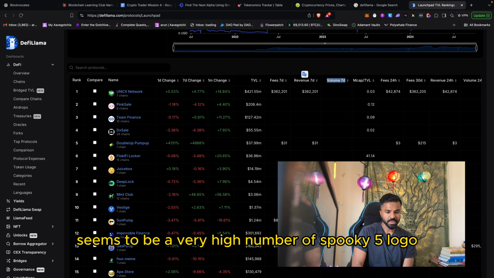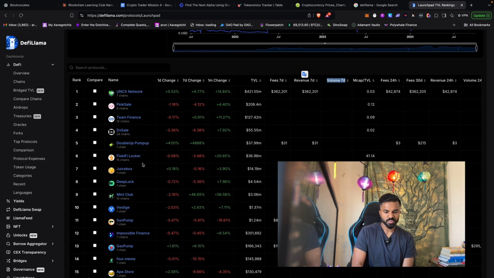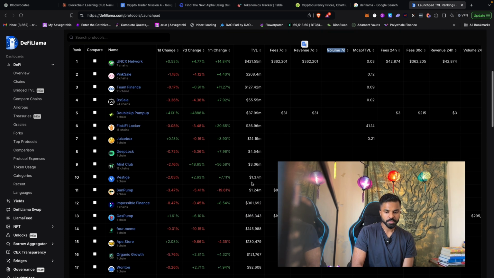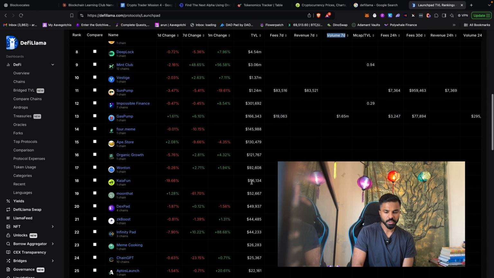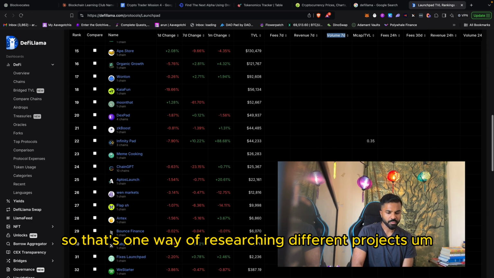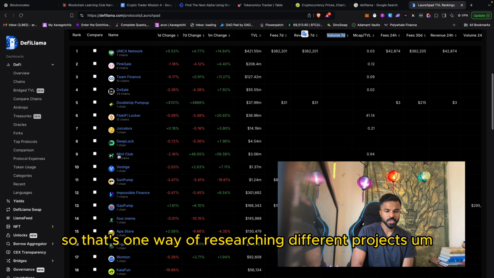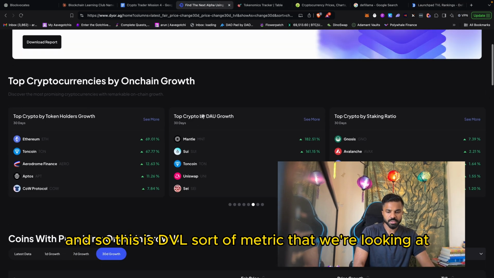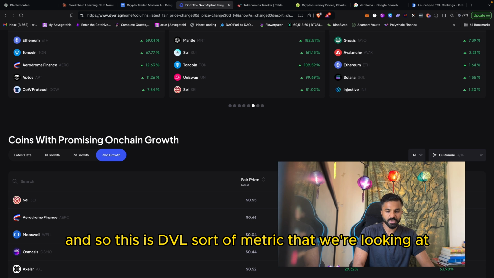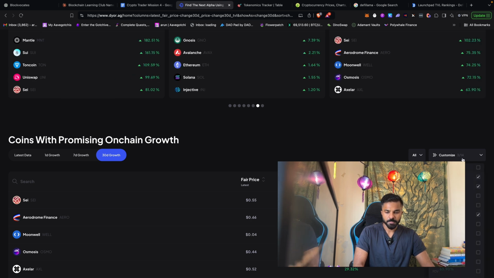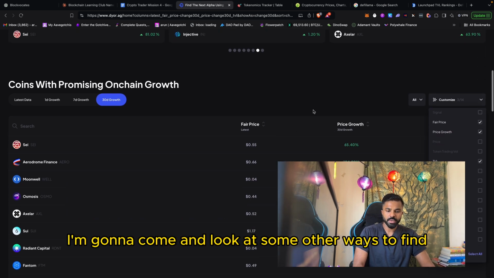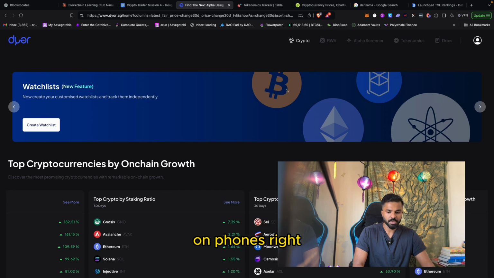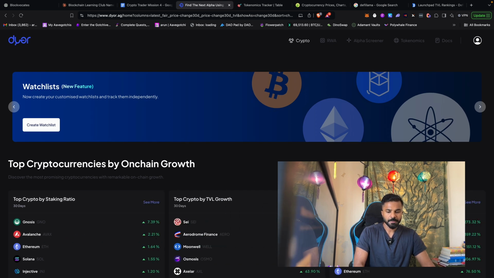This one seems to be a very high number. It's Flokify Locker. So that's one way of researching different projects. We're going to come back to DYOR, and this is the TVL metric that we're looking at. We're going to look at some other ways to find out also, right? So that was DeFi related.